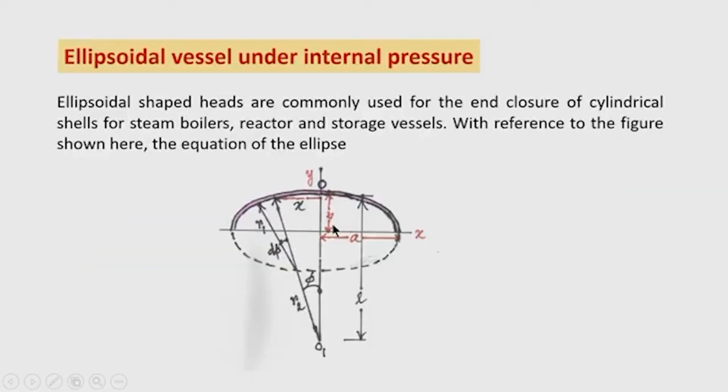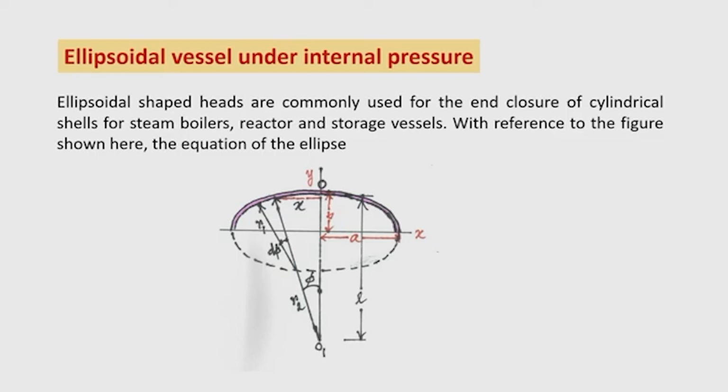Now, let us come to the ellipsoidal vessel under internal pressure. Ellipsoidal-shaped heads are commonly used for the enclosure of cylindrical shells, in many cases for steam boilers, reactors and other storage vessels.